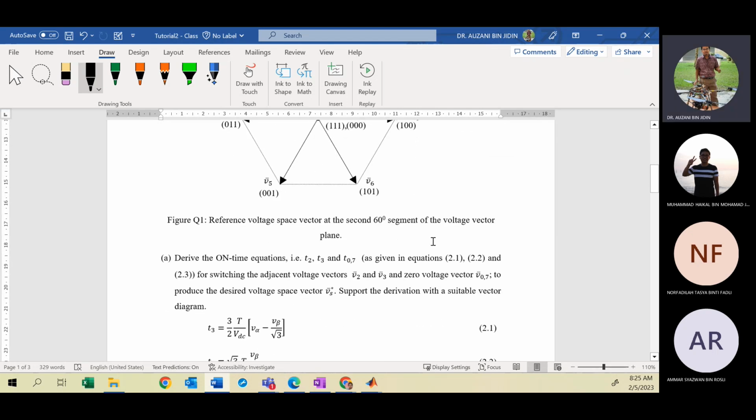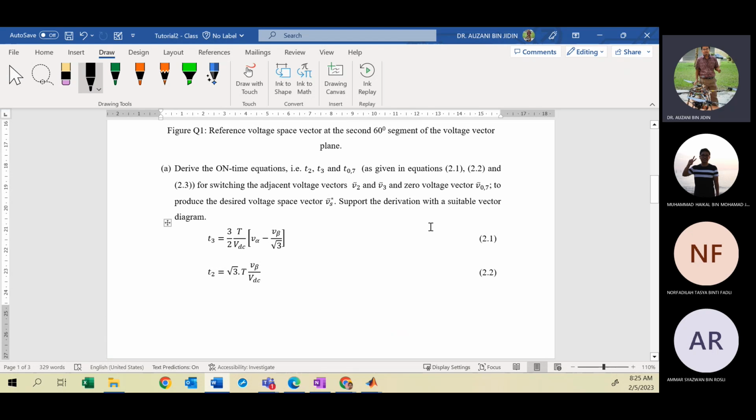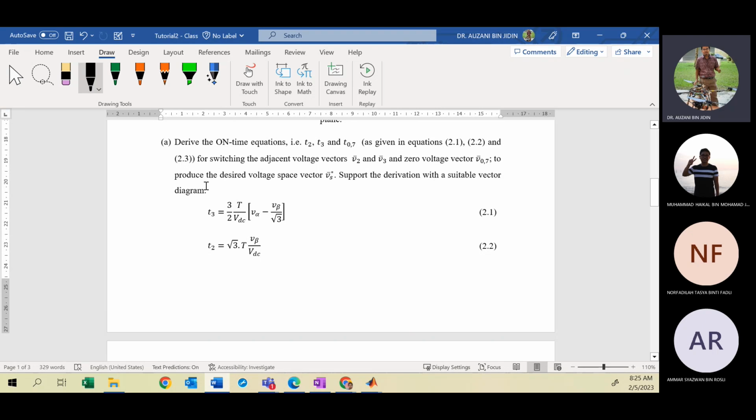So this question has 3 parts. In part A, you need to derive the equations for the on-time T2, T3, and zero time, T0 or T7, in order to switch the adjacent vectors V2 and V3 and the zero vectors, so that you can produce the desired space vector.